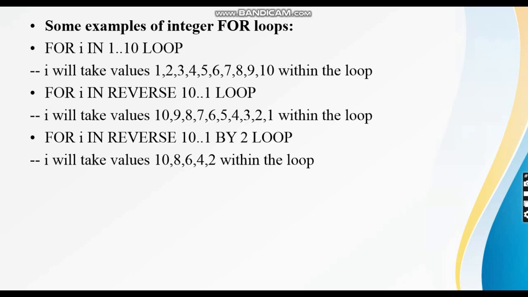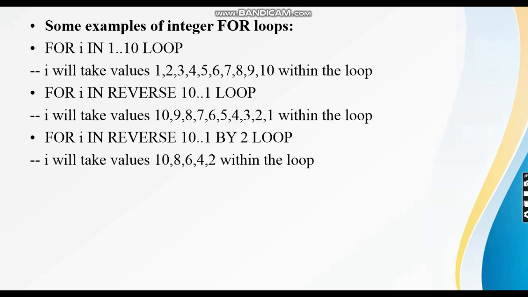Within the loop, for i in reverse, if the reverse keyword is used, then 10 is the lower bound and 1 is the upper bound. Then i will take values like 10, 9, 8, 7, 6, 5, 4, 3, 2, 1 within the loop. And for i in reverse 10 to 1, 10 is the lower bound and 1 is the upper bound. Now here the by clause is specified as 2.